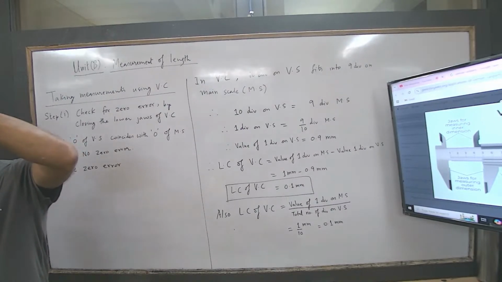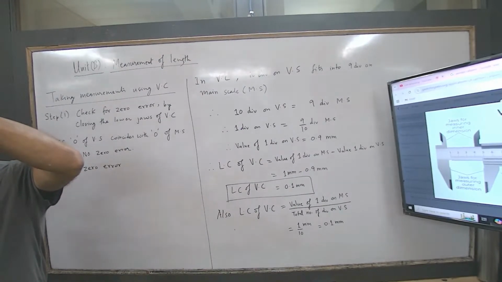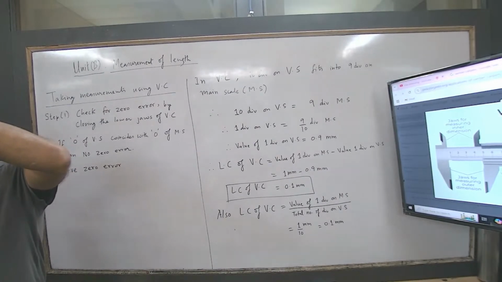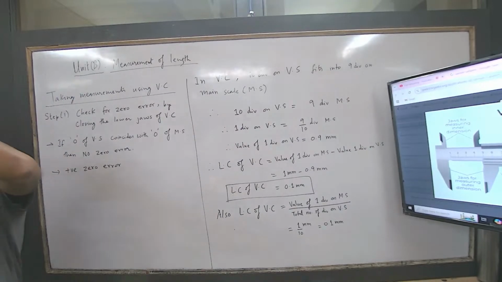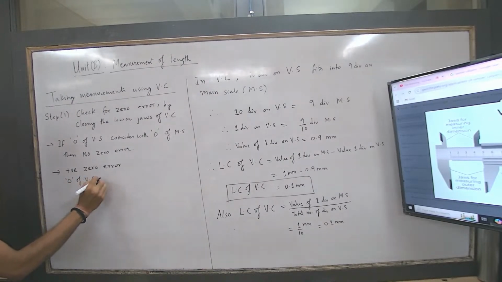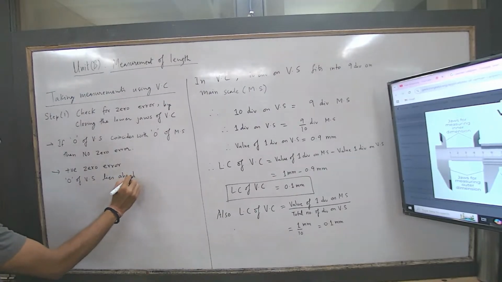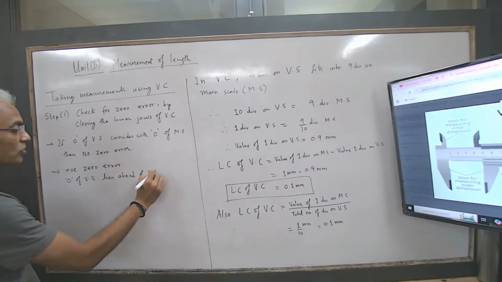So what is the meaning of positive zero error? That means when there is no object, still it is showing some length. So when you take the measurement, the measured length is always going to be more than the actual length. Then you have to correct for zero error. Is that clear? So is the difference understood? When is it positive? Zero of vernier scale lies ahead of zero of main scale.